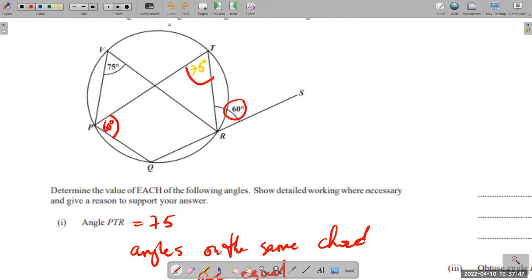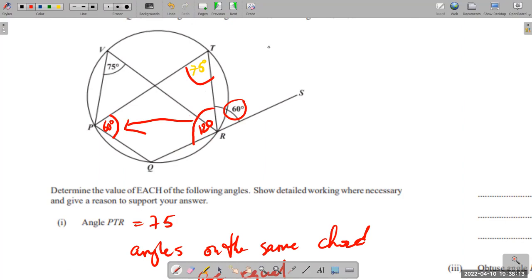So let's do it the long way though. If out here is 60 degrees, this is in a straight line. So if I find the internal angle, this would be 120, and we know why: angles on a straight line add to 180. So if this is 120 and this angle is opposite, opposite angles in a quadrilateral are supplementary.